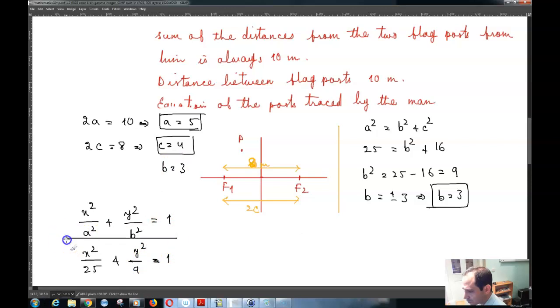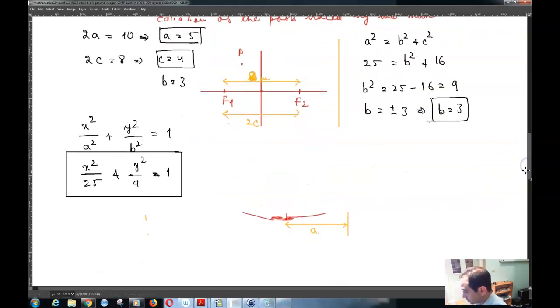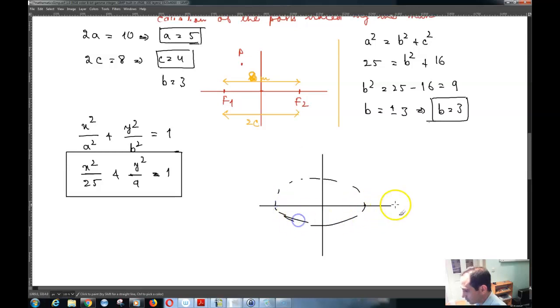That is the equation of the path traced by him, assuming that we take the major axis along the x-axis and the minor axis along the y-axis.